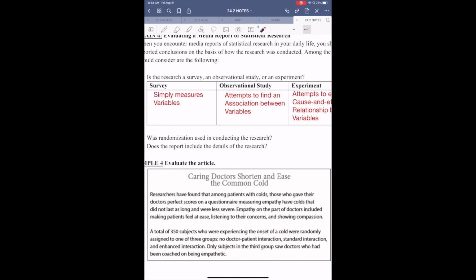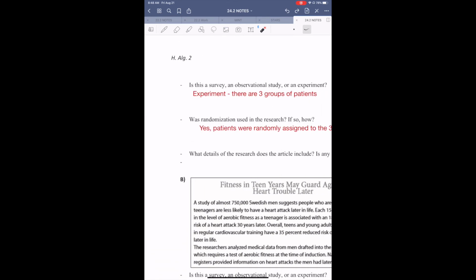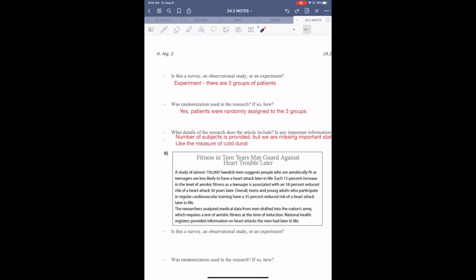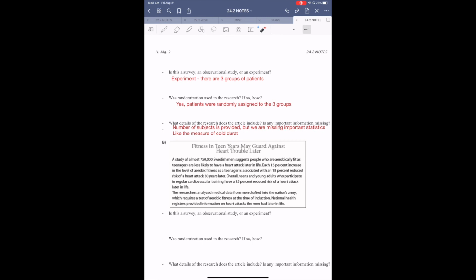It doesn't give us anything. It doesn't give us any statistical values. So it doesn't give us what's important, right? We know that they were randomly assigned, but what did that do for us? We are not told how patients rated the system, right?